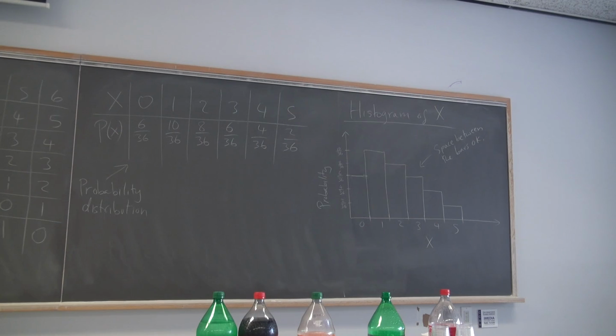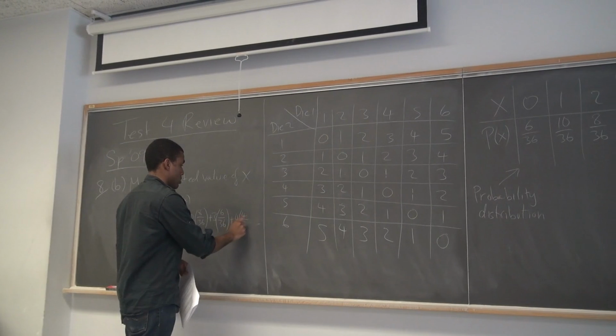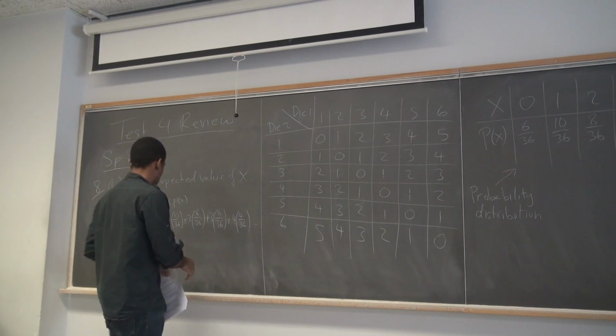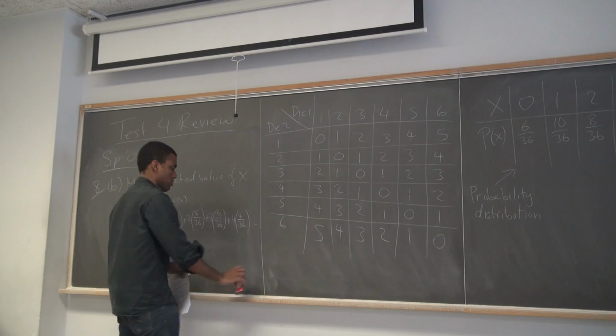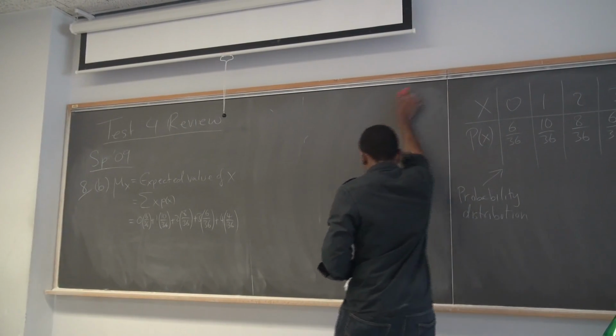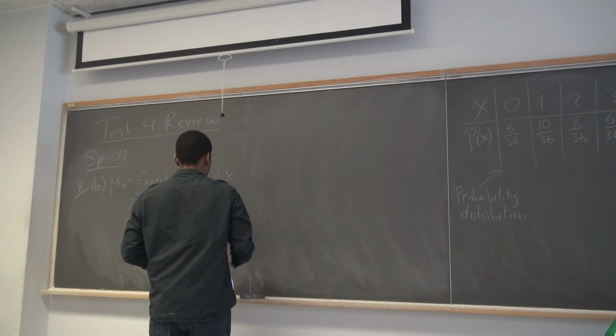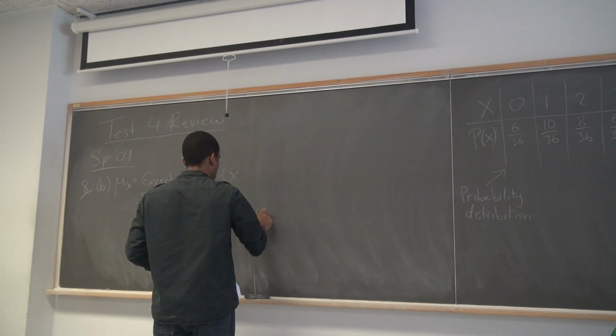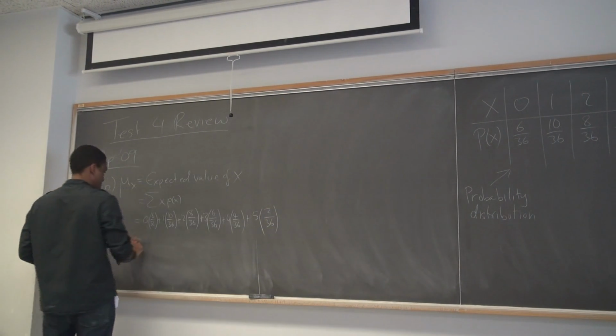Which is 0 times 6 over 36 plus 1 times 10 over 36 plus 2 times 8 over 36 plus 3 times 6 over 36 plus 4 times 4 over 36 plus 5 times 2 out of 36. And what's that?